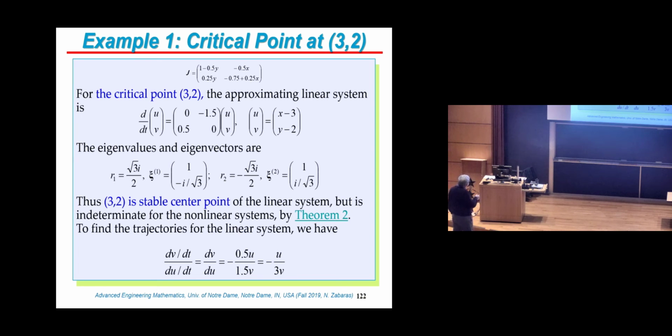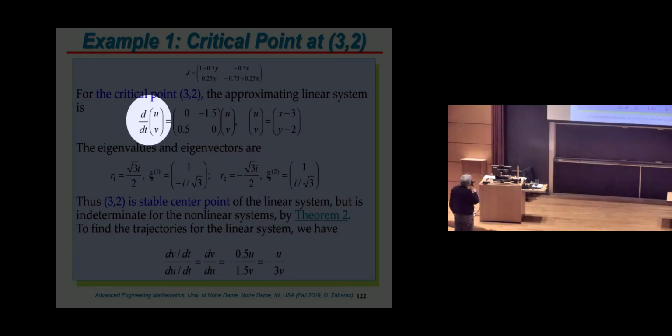And you can actually compute them directly from this linearized system of equations very easily, because if I compute the ratio of dv over du, I can write it like that. So dv over du is 0.5 u divided by minus 1.5 v.